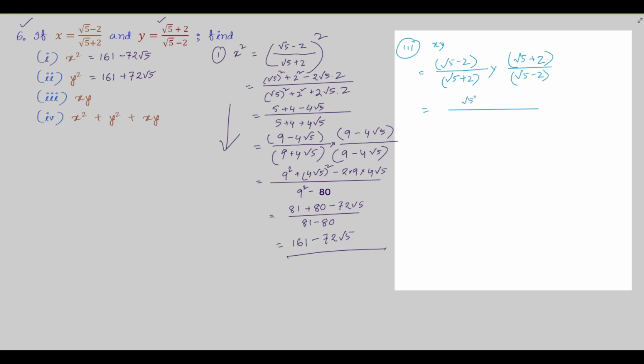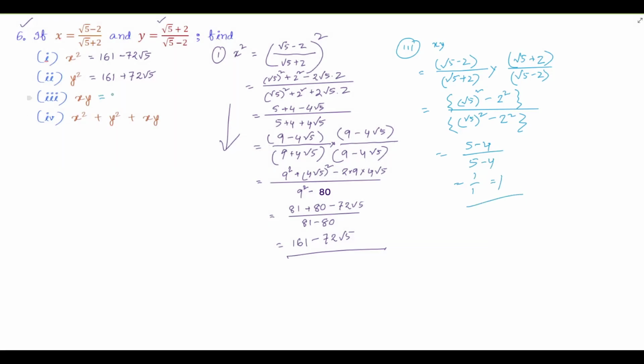So root 5 square minus 2 square. In the denominator that is a plus b multiplied by a minus b, so it will be again root 5 whole square minus 2 square. So both numerators and denominators are the same, but still you can write it is 5 minus 4 divided by 5 minus 4, equal to 1 divided by 1, equal to 1. So we get xy is equal to 1.